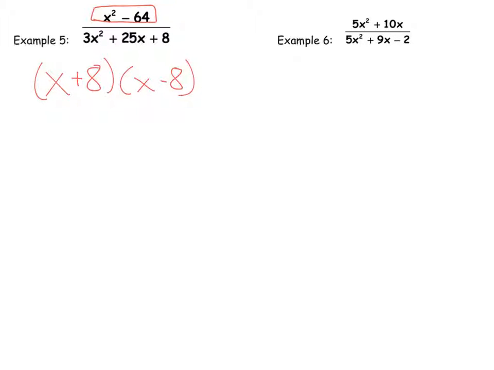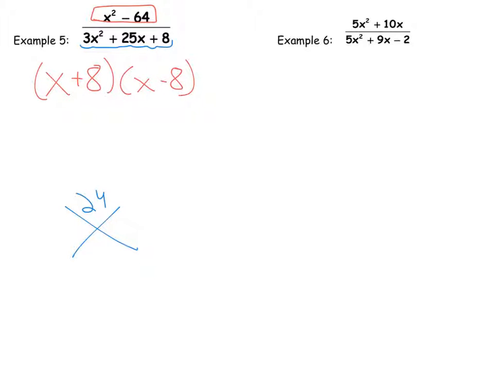Okay. Now, the denominator here, this is a fun one. 3x squared plus 25x plus 8. How the heck are we going to factor that? Well, this is going to be a splitting the middle problem. And so, how do we do one of those? I'm going to work down here at the bottom, right? We start off with the number puzzle, where we take the first term and the last term, and we go ahead and multiply. 3 times 8 is 24.